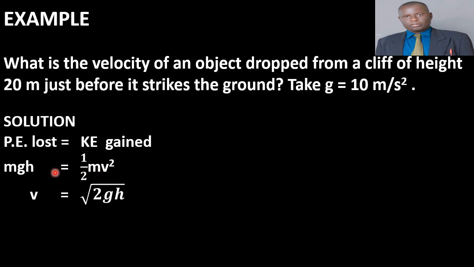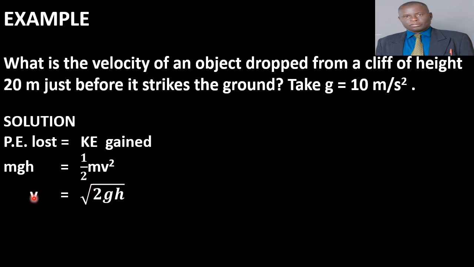So if you look at this equation here, you find that mass is appearing on both sides of the equation. We have mass there, we have mass here, so this can be cancelled. You cancel this m as well as this one because it's appearing on both sides. So when you make v the subject of the formula, you take the square roots of both sides and you are going to have this equation.